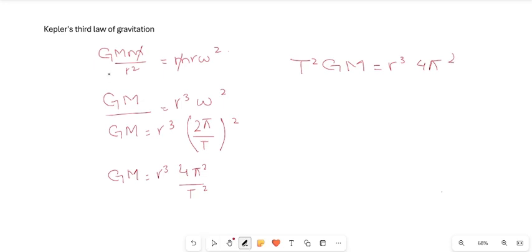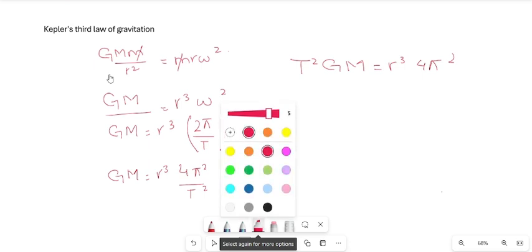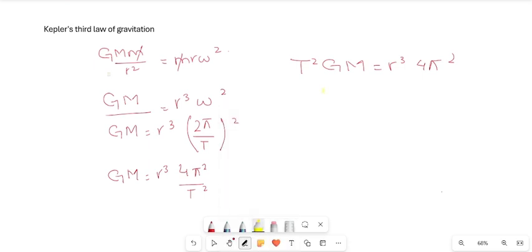Now, are you able to identify the constants here? The constants in this formula are G and M. G is 6.67 times 10 to the minus 11. The mass of the object will remain constant, it will not change, and 4 pi square is also a constant.